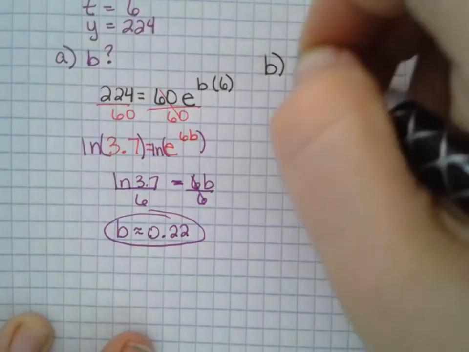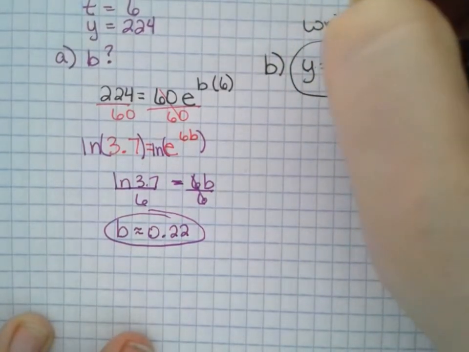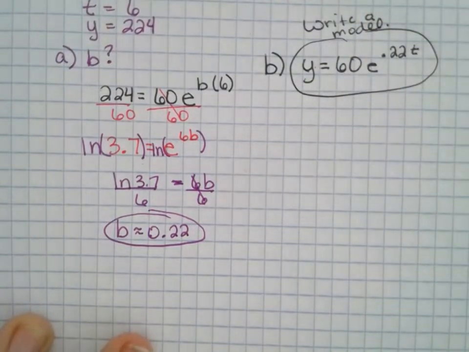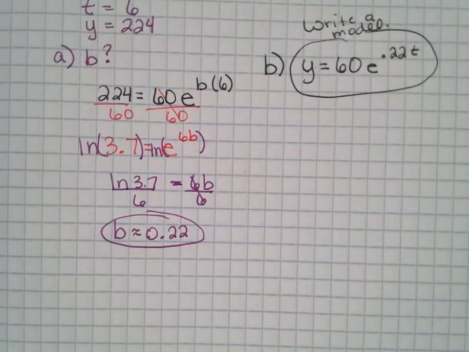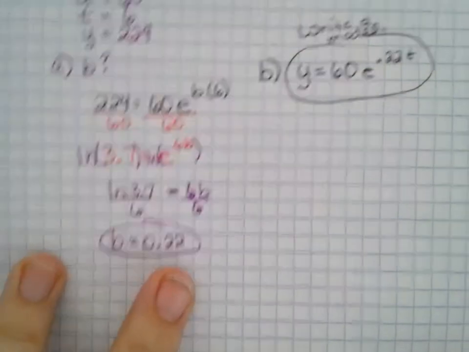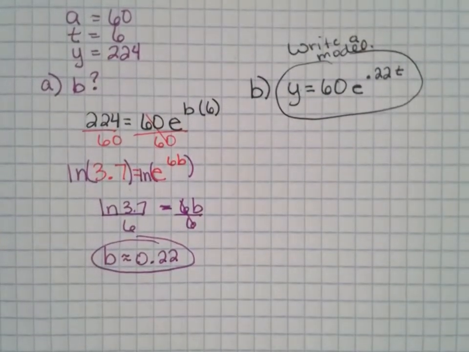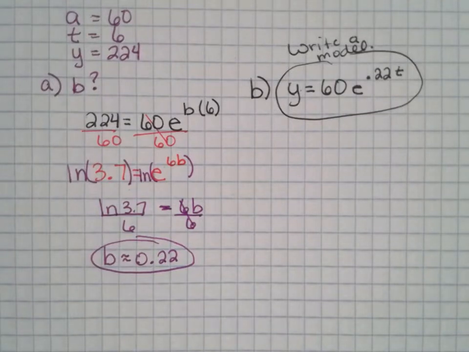If I ask you to write a model, all I'm asking you to do is write the equation with the growth rate in it. When I'm asking for a model, it could be any time or any population, so we're just asking for the general equation. So just leave y and t alone.